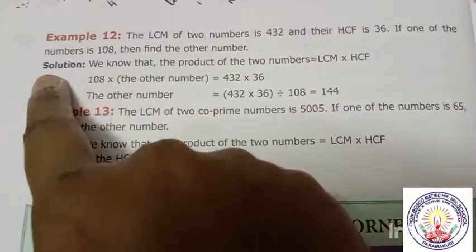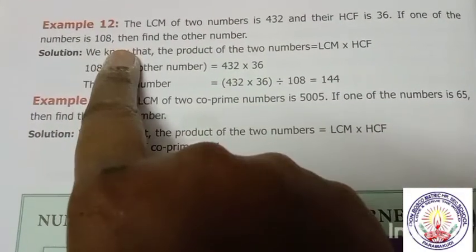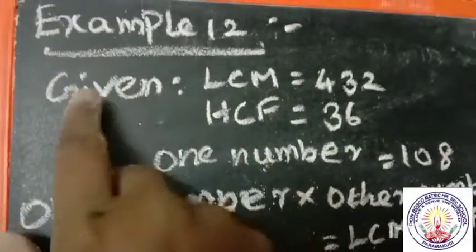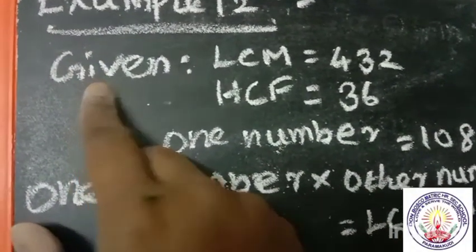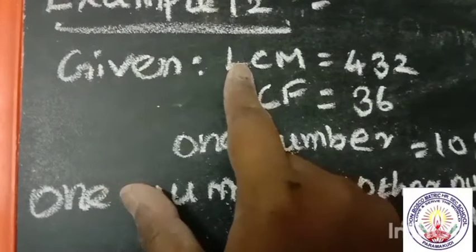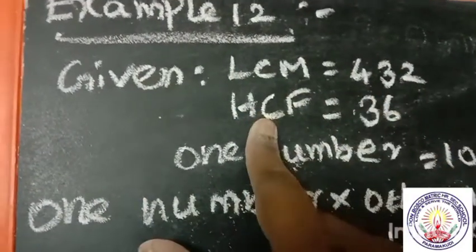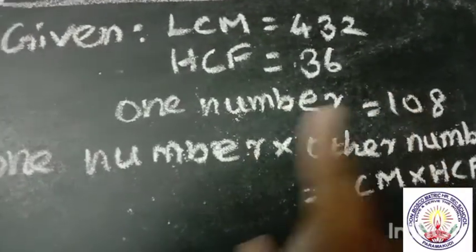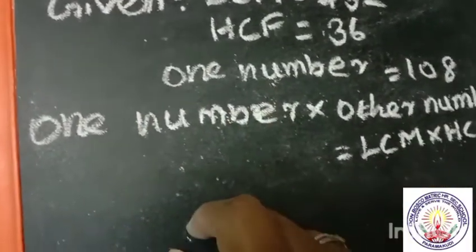First of all, we will write the given LCM 432 and HCF 36, and one number is 108. The other number we have to find out.